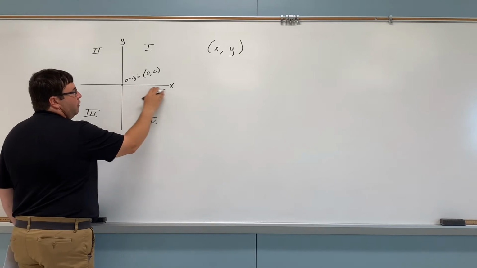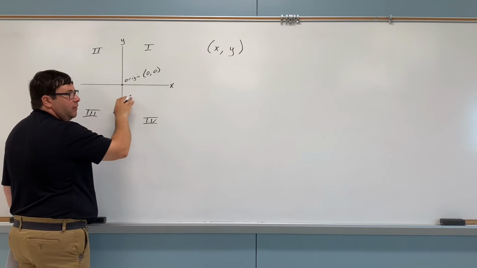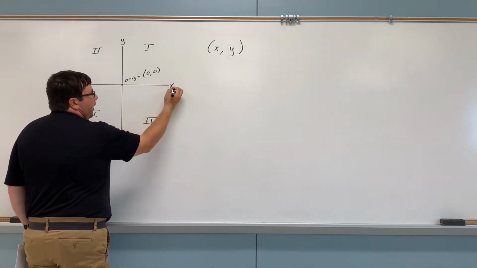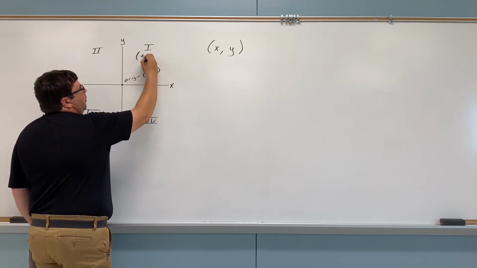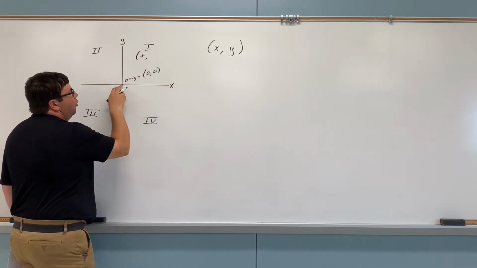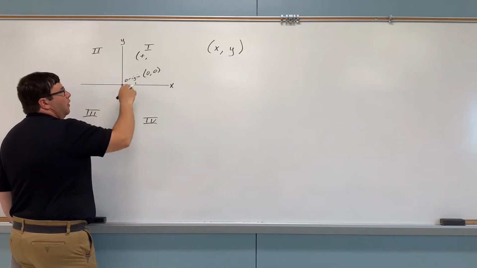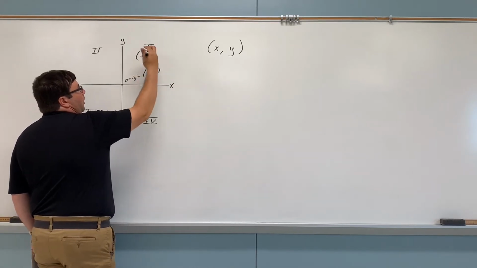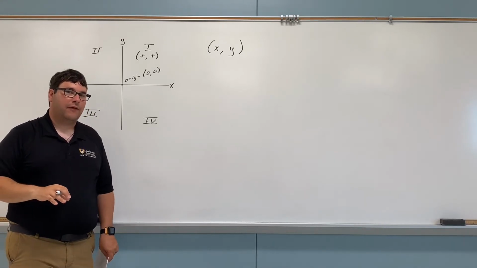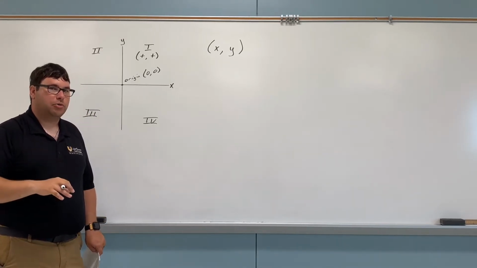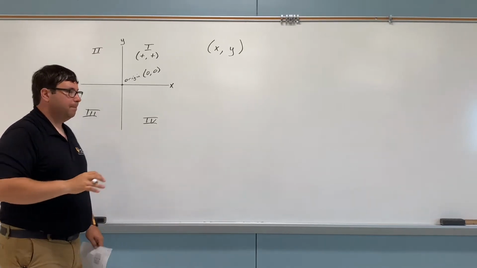If you look at values in this section, think of the x-axis as a number line: from 0, you're moving in a positive direction, so your x values are positive. For your y values, considering this is 0, up would be positive, down would be negative. So your y values in the first quadrant are also positive. You can easily identify where a point should be by looking at just the values without having to graph.